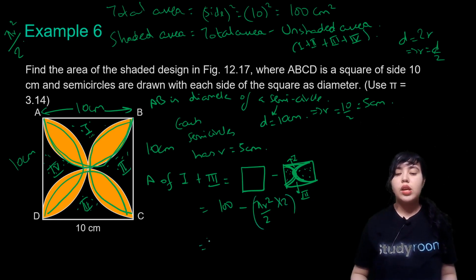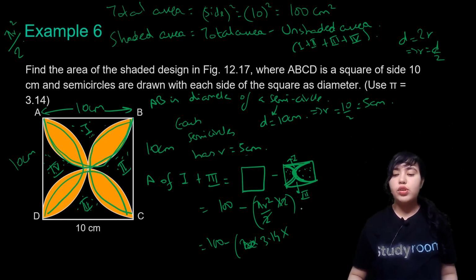So that will be 100 minus, 2 cancels, pi r square. Let me take pi as 3.14 and instead of r square let me take it as 5 into 5. When you solve this, you get 100 minus 78.5 and this will give you 21.5 centimeters square.